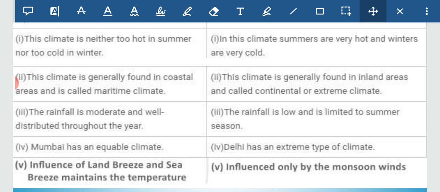And the extreme type of climate in the interior part of the country does not get the influence of these local breezes, rather it gets the influence of the monsoon winds, and that is why the extreme type of climatic condition is there, which is too hot during the summers and too cold during the winters. So all the features of equable and extreme climate have been explained in a differentiating manner.